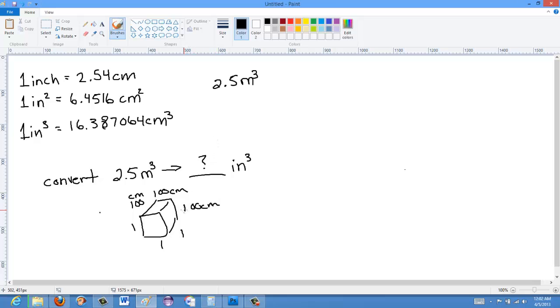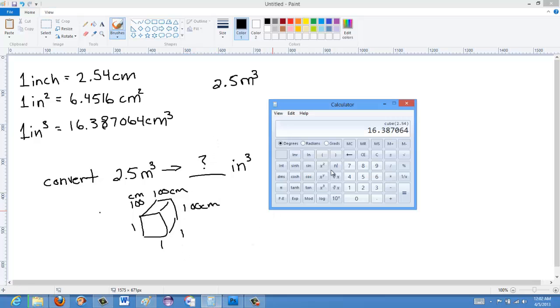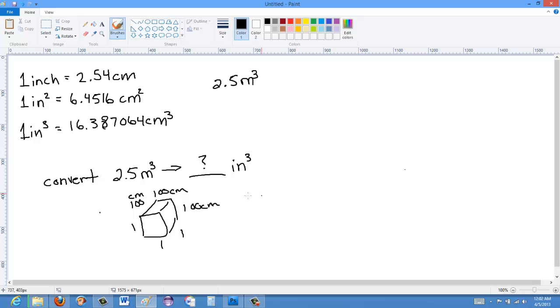So that is going to be equal to 100 cubed, so this is 1 million cubic centimeters. So this would be times 1 million centimeters cubed per 1 cubic meter.